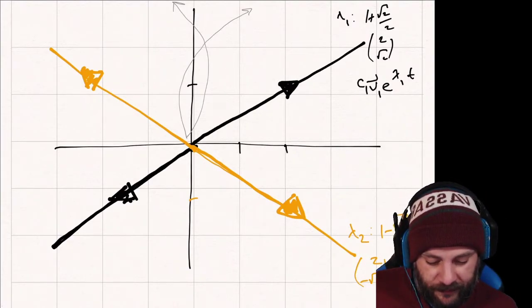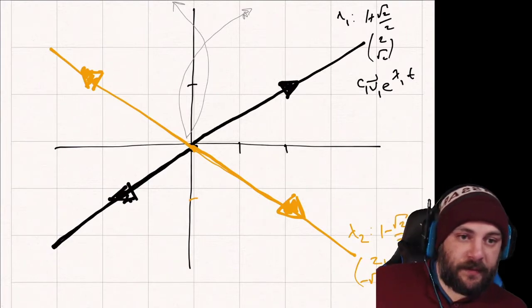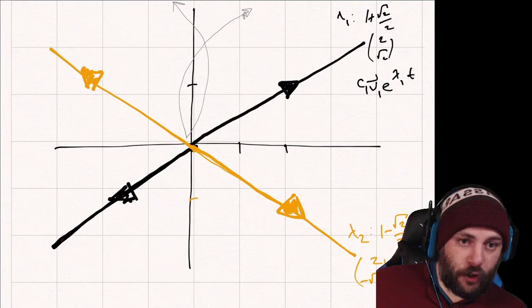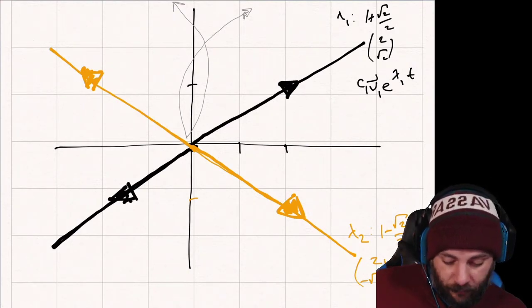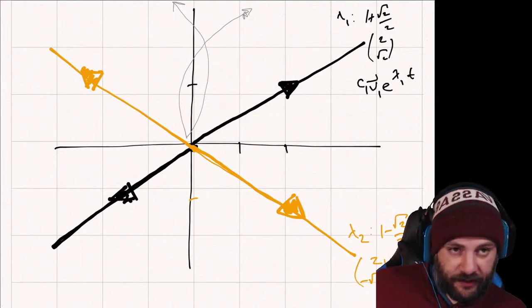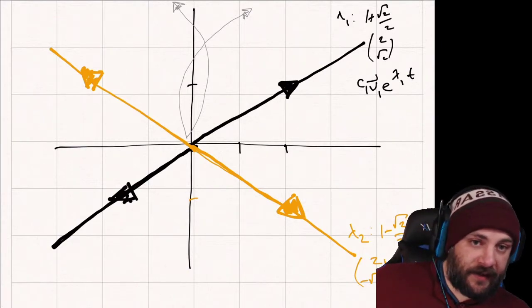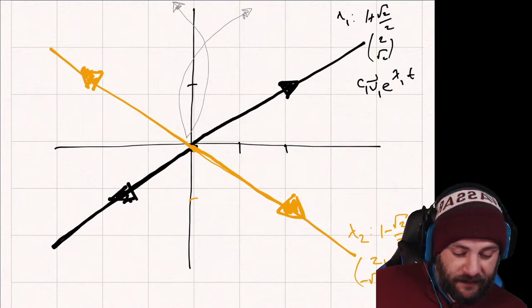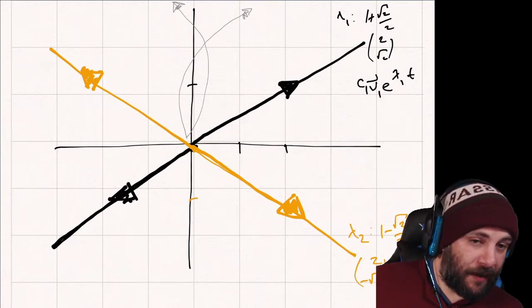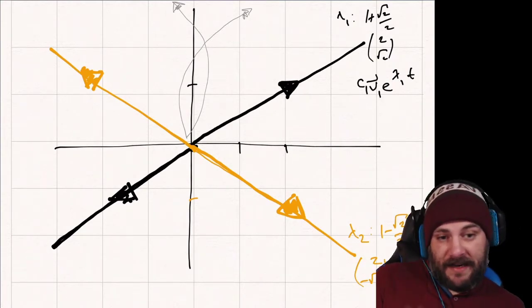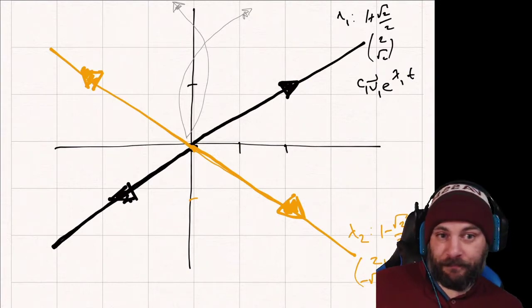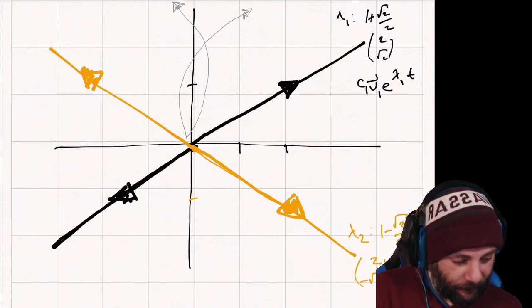Pretend it was this first one here. This would mean that as time goes on to infinity, both of my variables go to positive infinity for any initial condition in this region. What this one is telling me is that for any initial condition, my x variable goes to negative infinity and my y variable goes to infinity. Very different outcomes. So I need to know what the shape is.